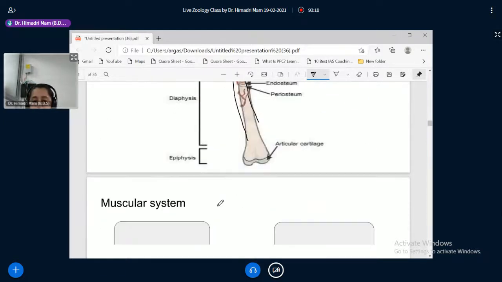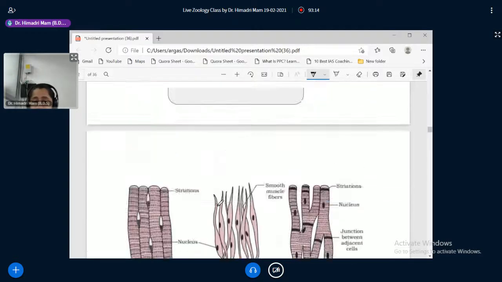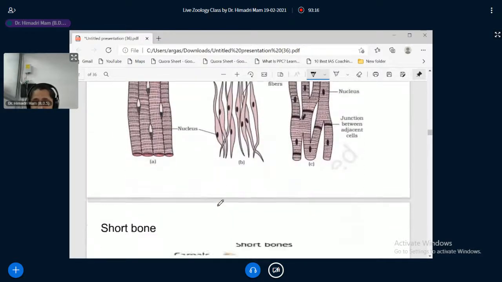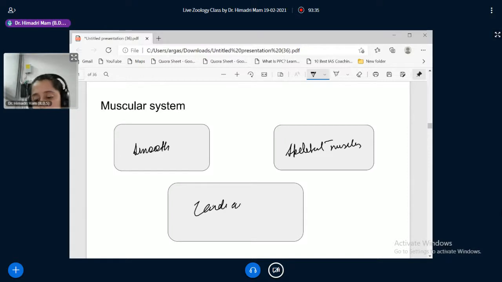Now we'll talk about muscular tissue. We have the smooth muscles, skeletal muscle, and the cardiac muscle.